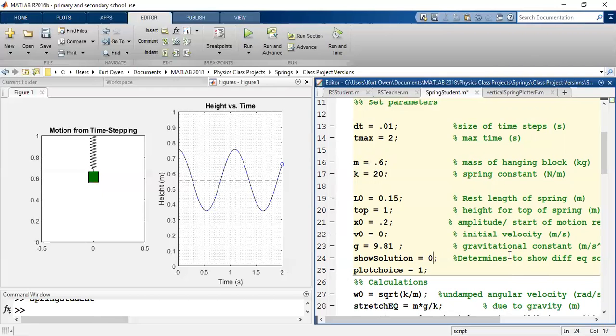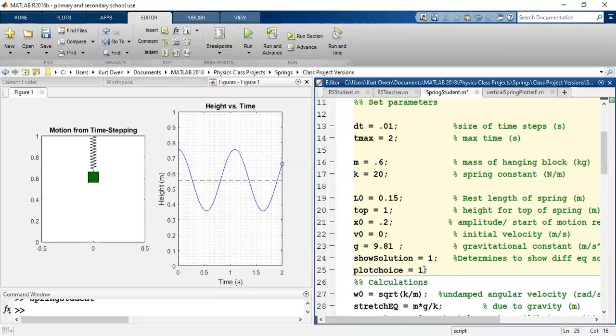If I make that a 0, like making it false, you don't see the solution ahead of time. So we're just using a time step loop to show where it will be, and we're plotting that out as we go. So we can compare the motion using a time step loop to the theoretical mathematical solutions we'll come up with, and that's what show solution allows us to do.